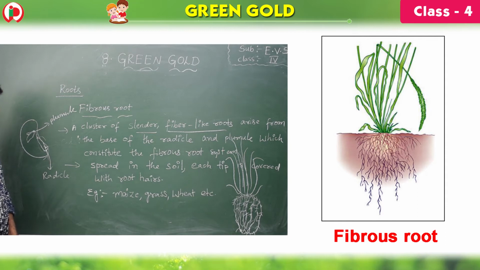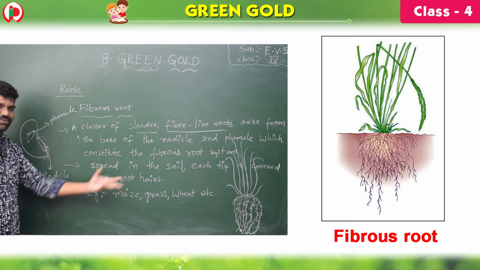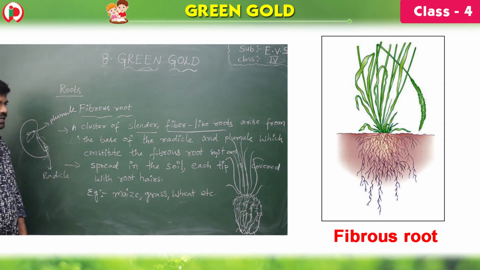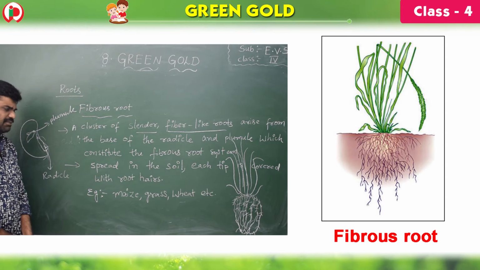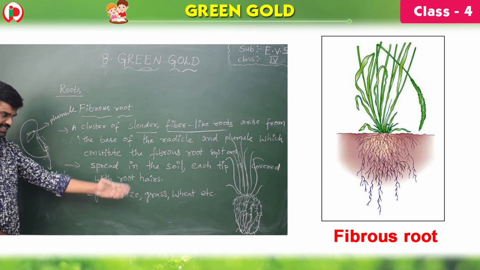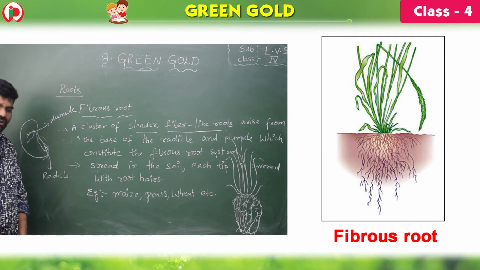Once again, the fibrous root system is a group of slender, fiber-like roots arising from the base of the radicle and plumule. These are spread in the soil and each tip is covered with root hairs. Examples are maize, grass, and wheat. In these three, the fibrous root system is present, children.